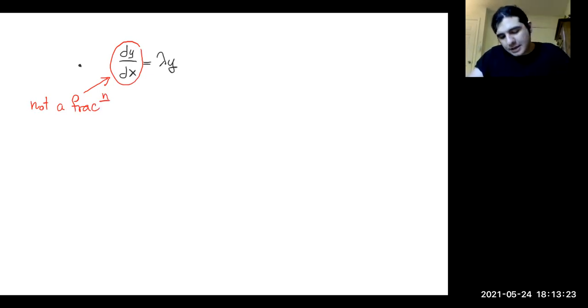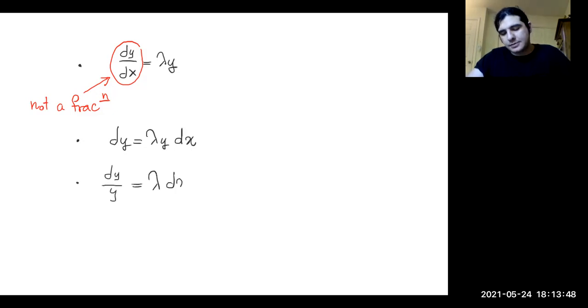Let's suppose it is a fraction, and suppose we can multiply both sides of the equation by dx. If I do that, I would get dy is equal to lambda y dx, right? Now let's divide both sides by y. If I do that, I would get dy over y is equal to lambda dx.